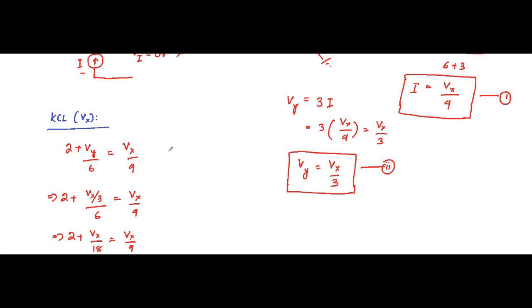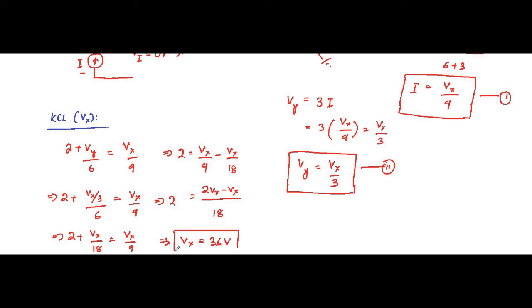That implies 2 is equal to Vx by 9 minus Vx by 18, which is equal to (2Vx minus Vx) by 18, that is Vx by 18 equal to 2. That implies Vx is equal to 36 volt.